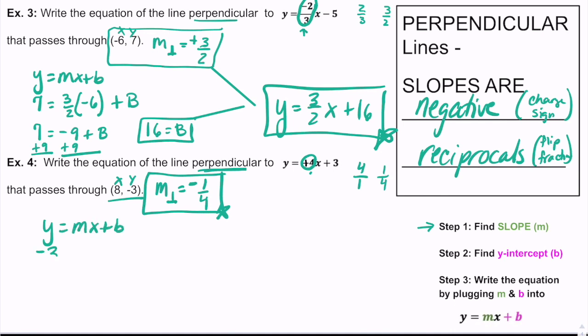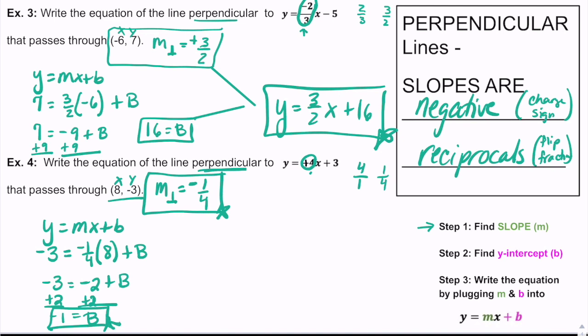So y is -3 = m, which is -1/4, times x, which is 8, plus b. So -3 = -1/4 times 8, which is -2, plus b. To solve for b, we add 2 to both sides, and we get -1 = b.